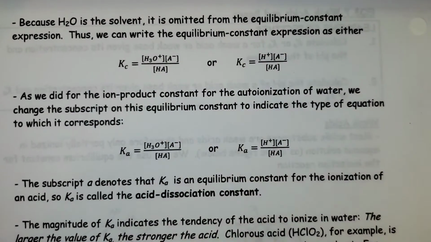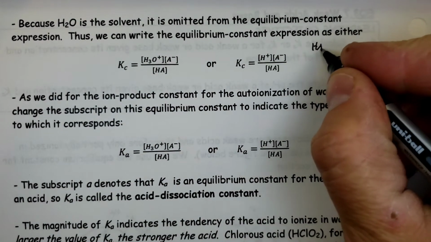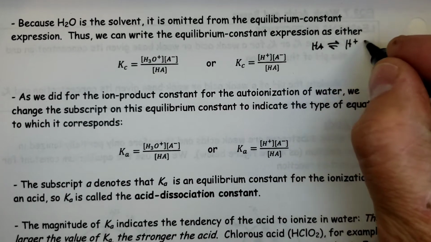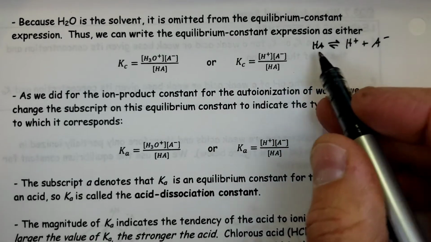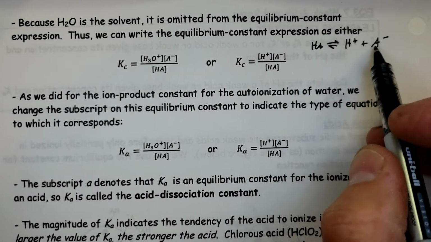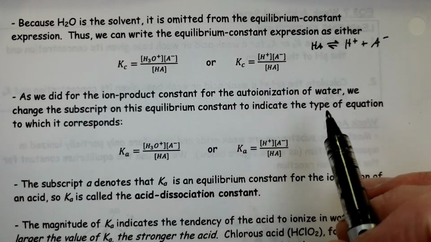Because H2O is the solvent, it is omitted from the equilibrium constant just like we talked about before. So we could just look at the part that involves the acid ionizing into H and A minus. So H plus multiplied, over the undissociated form, so we get the Kc value.